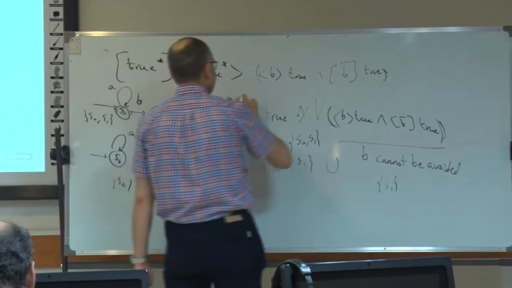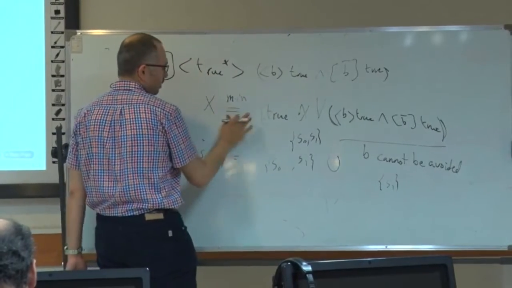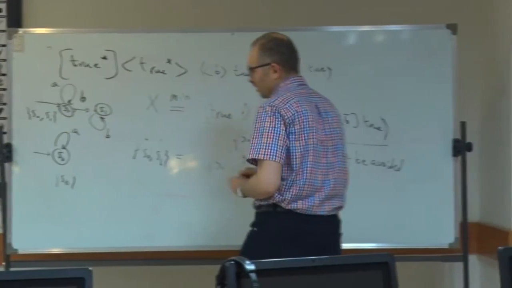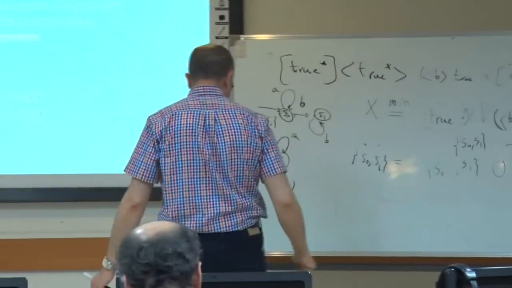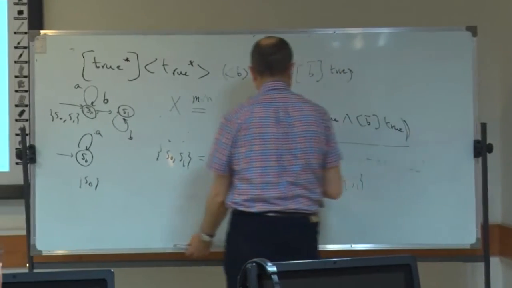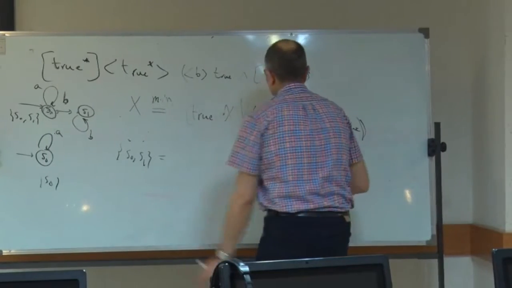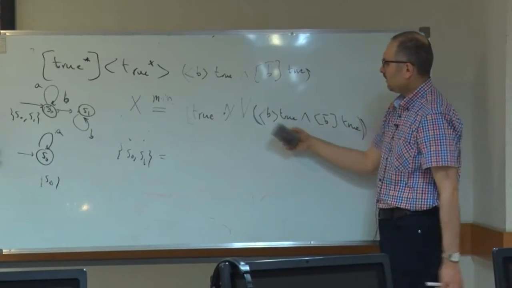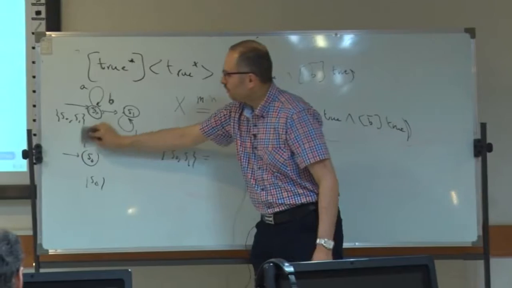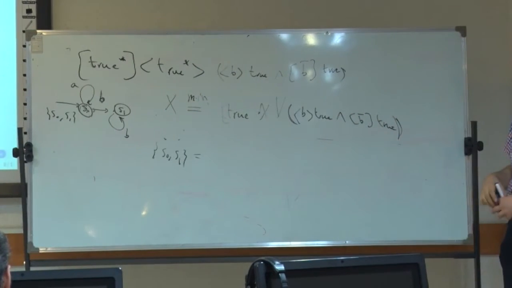If I'm interested in the minimal solution, then I start with the empty set. Okay? So let's start with the empty set. Which states satisfy this one in this transition system? Which states satisfy this formula?